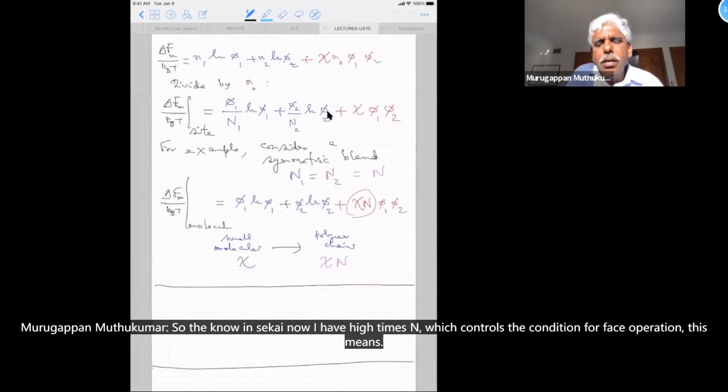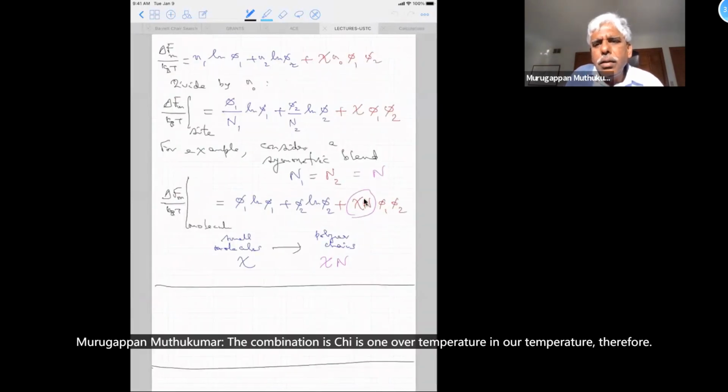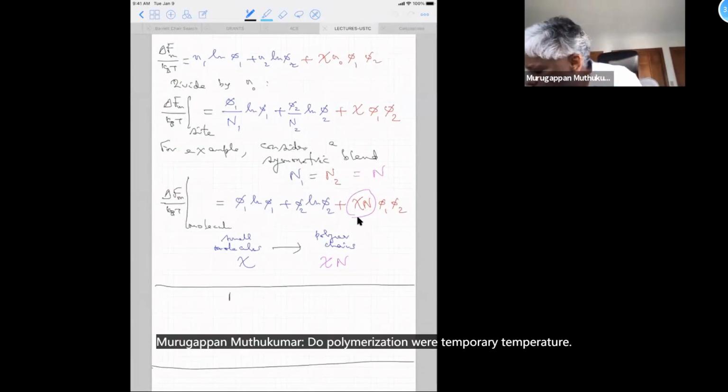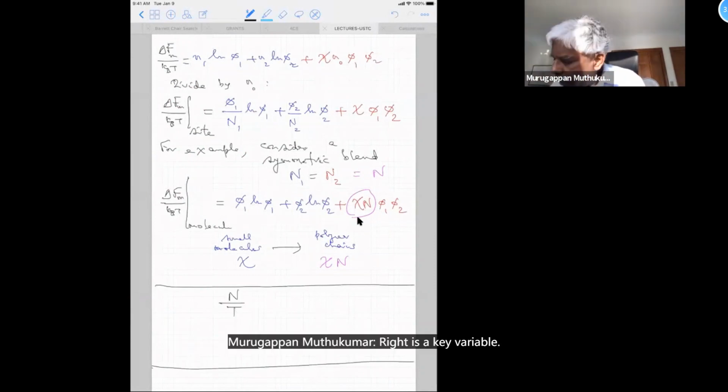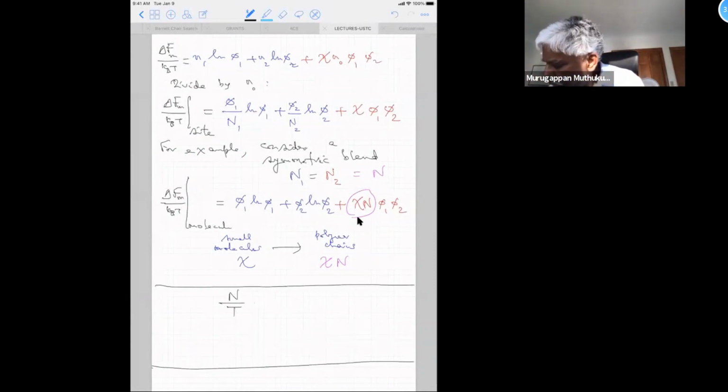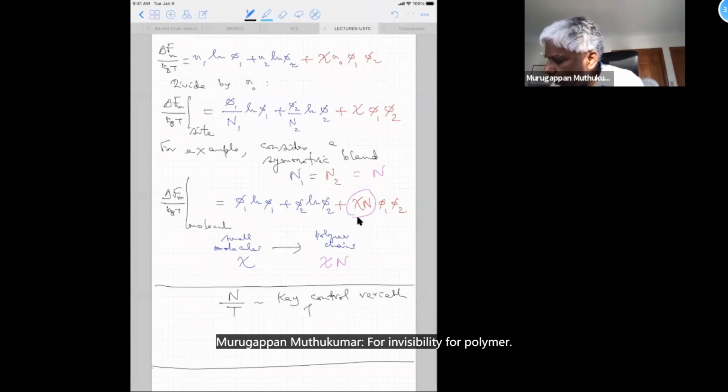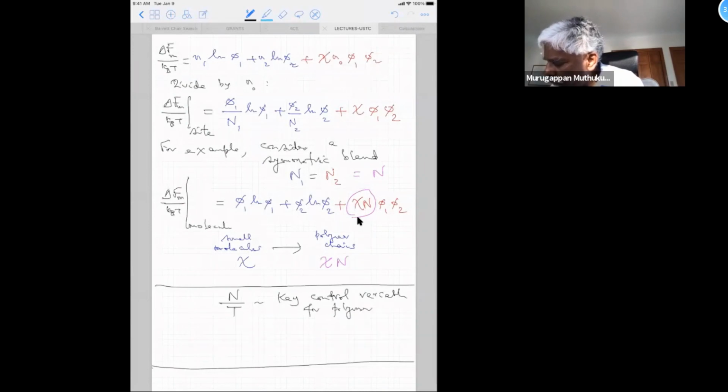This means the combination is n over temperature. Therefore, the degree of polymerization, along with temperature, is a key control variable for polymer immiscibility.